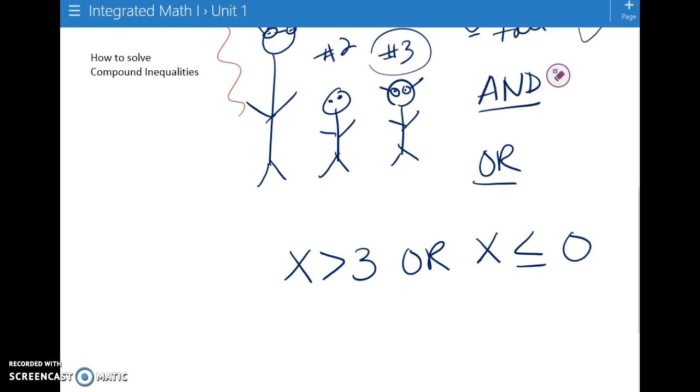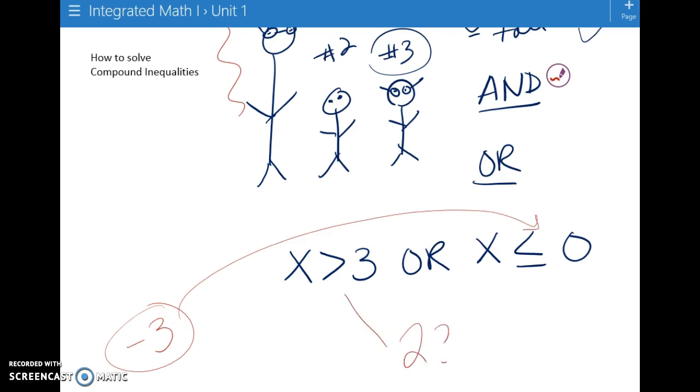What about 2? No, maybe what about negative 3? Could negative 3 be in my club? Yeah, because negative 3 is less than 0, so that's cool. What about 2? Can 2 be in the club? No, because 2 is not greater than 3, and 2 is not less than 0.